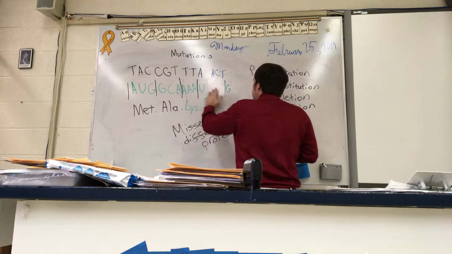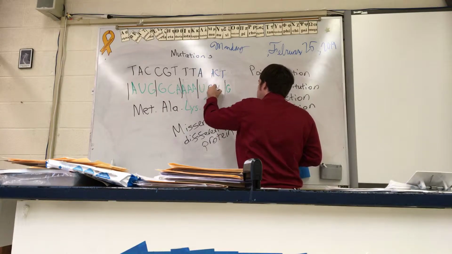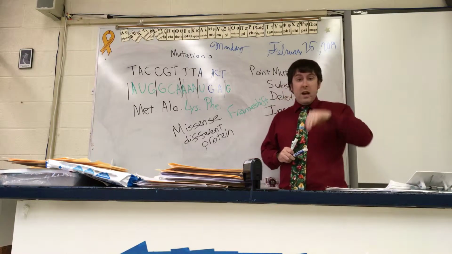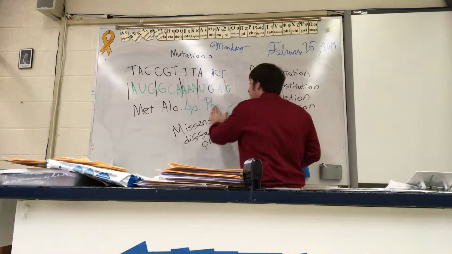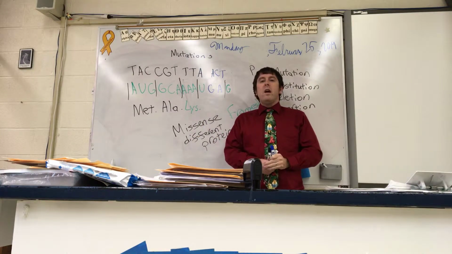That would mean this is a U, this is a G, that's an A. UGA, if you're looking at your genetic code, is actually a stop codon. That ends the process. It's over right there.